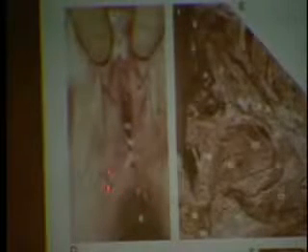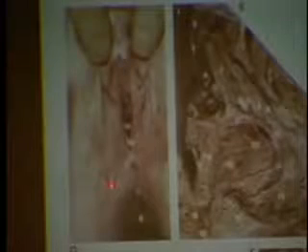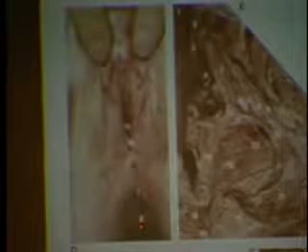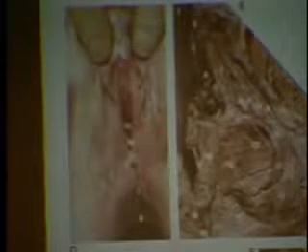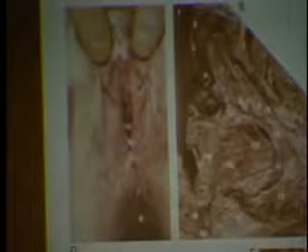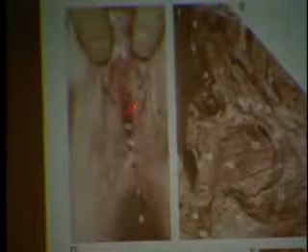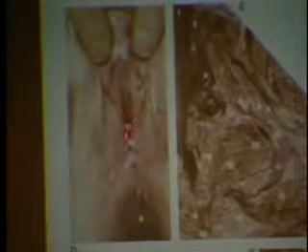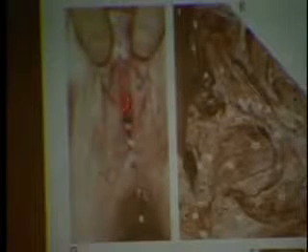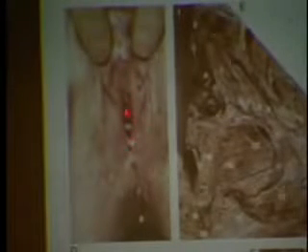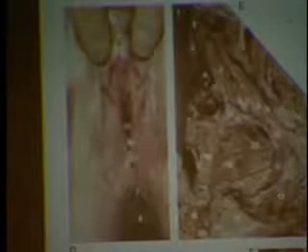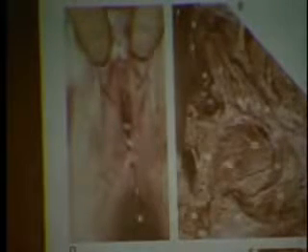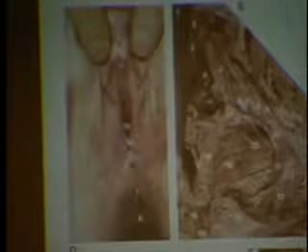So is the anus between the coccyx and the median raphe? No, it's superior here. Is the vagina posterior to the urethra? Here's the urethra, here's the vagina. No, it's anterior to the urethra. Remember, we labeled all of these for you? Part of the body.